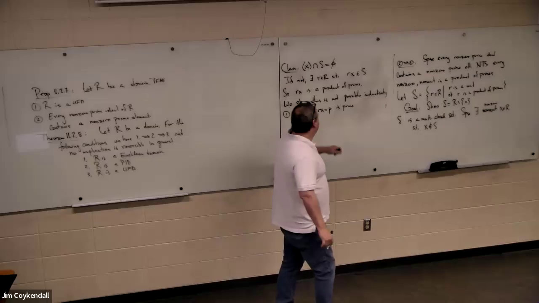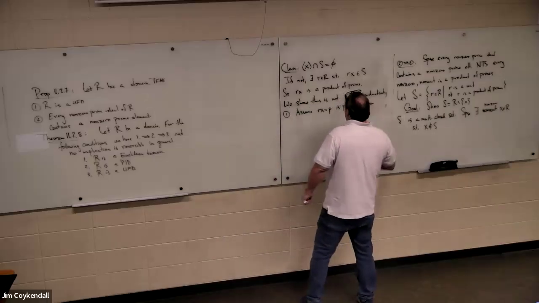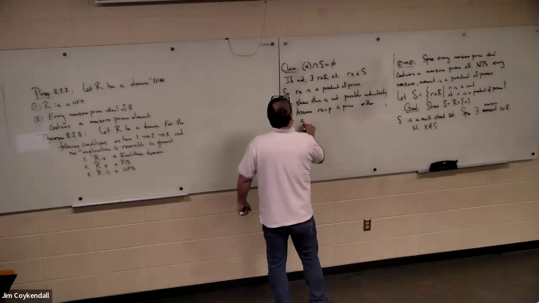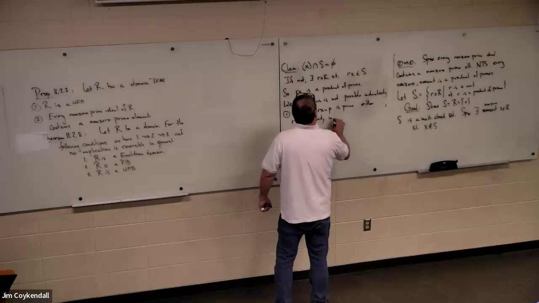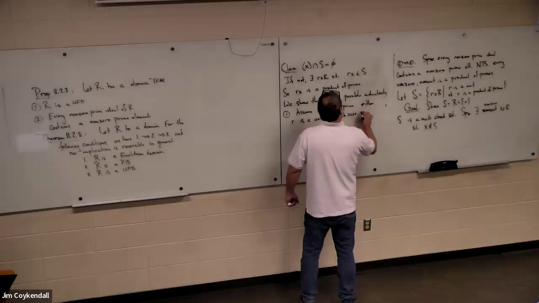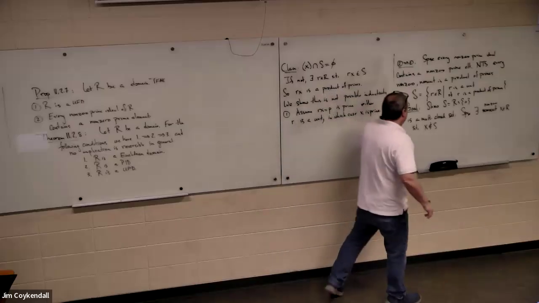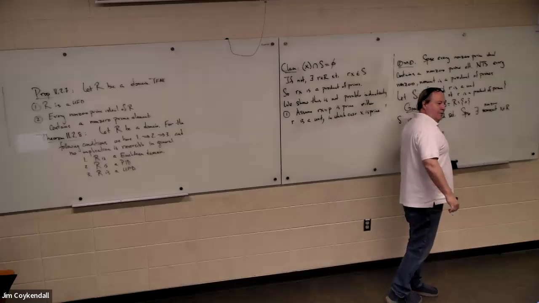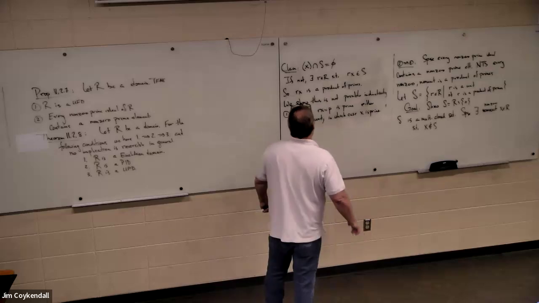So this means either r is a unit, in which case x is prime, but of course, if x is prime, it has to be in S, so that's impossible.